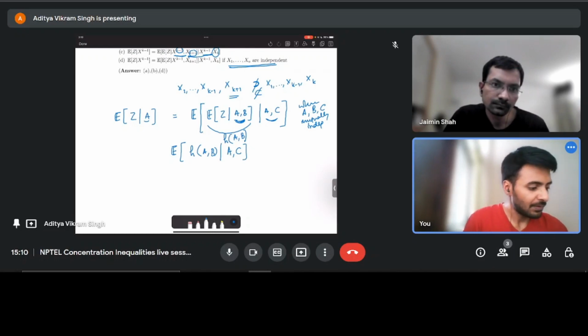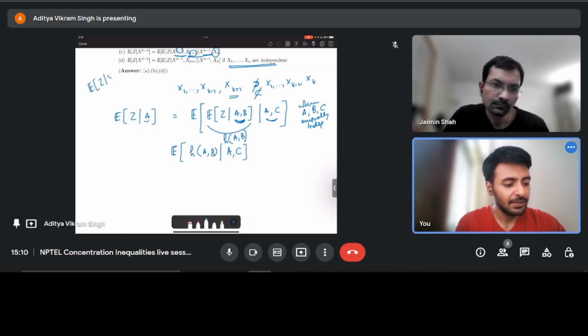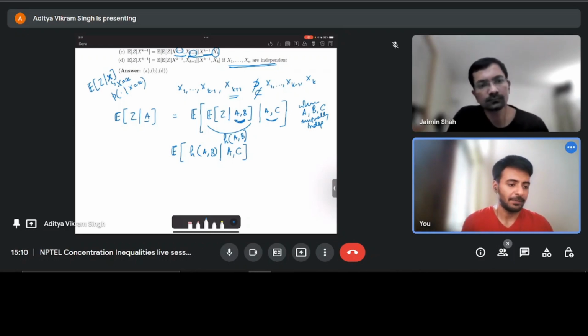What is conditional expectation in general? It's like z given x. This means that for every instance of x, say x equals x, there will be a conditional probability distribution. To begin with, you had one big probability distribution over the entire sample space.